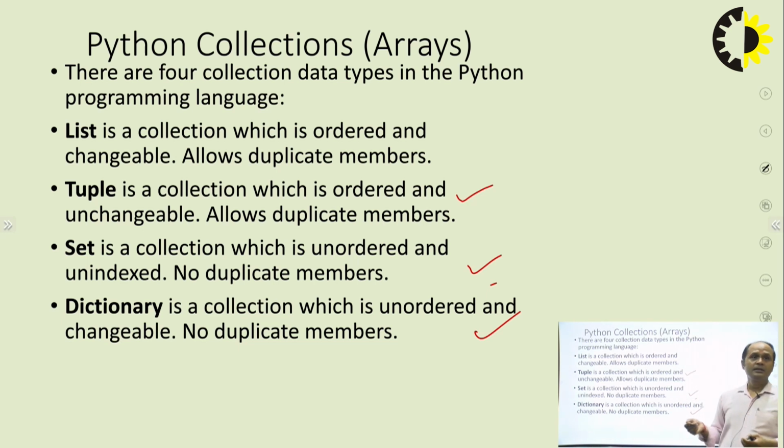If a list follows these properties, it is converted into a tuple. If it follows these properties, it is called a set. If it follows this property, it is called a dictionary. So these are the 4 collection data types in the Python programming language.